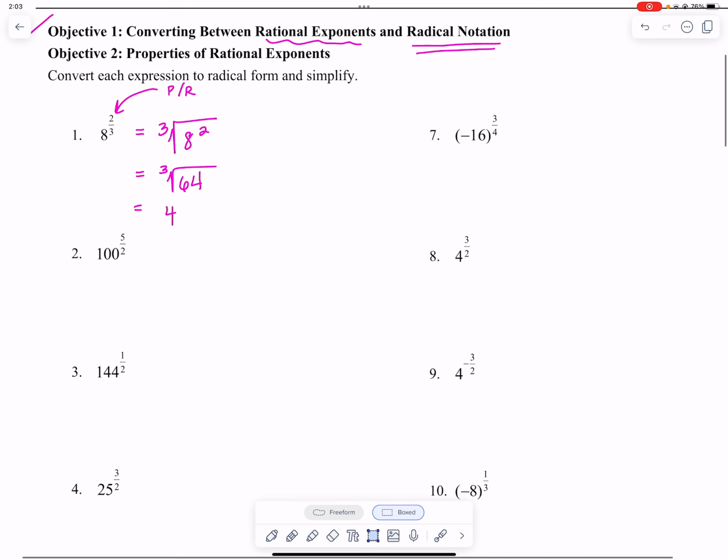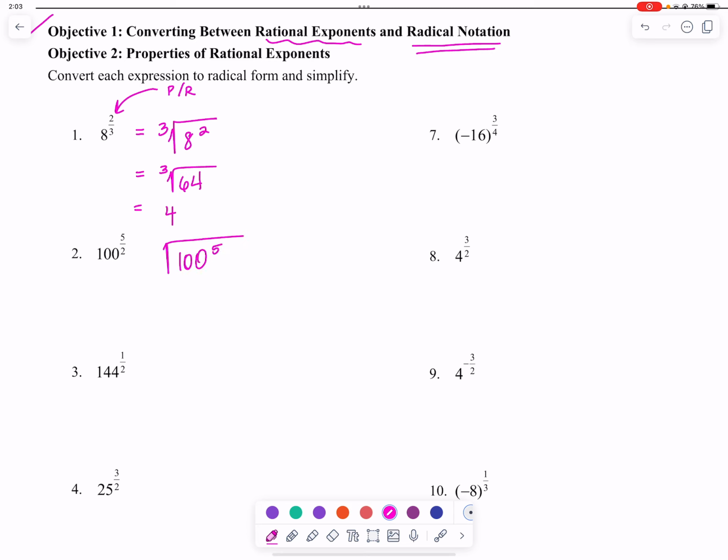Again, power over root. So we have the square root of 100 to the 5th power. If you go ahead and either put that in the calculator or whatever you might want to do, we would end up with 1 times 10 to the 10th power.